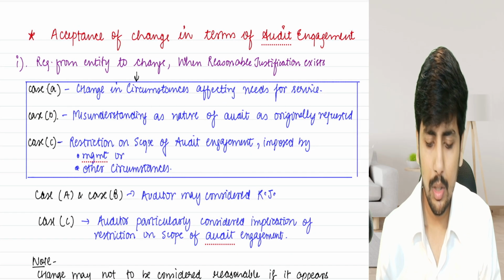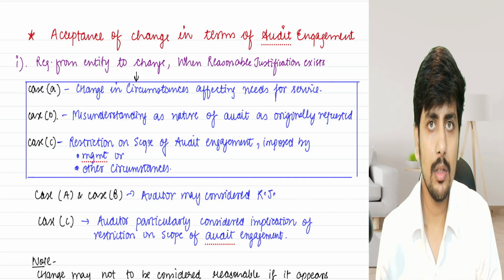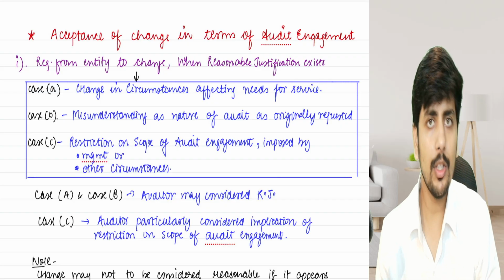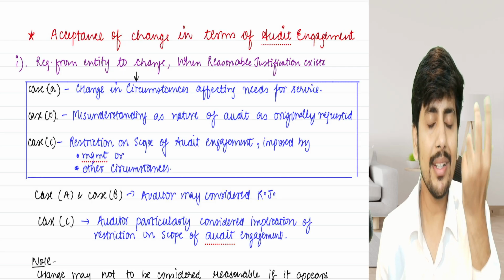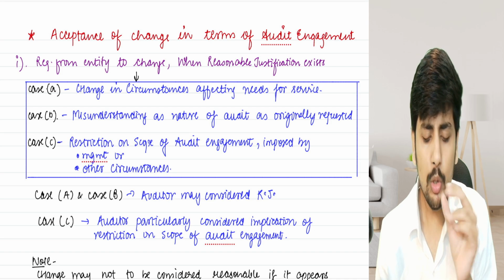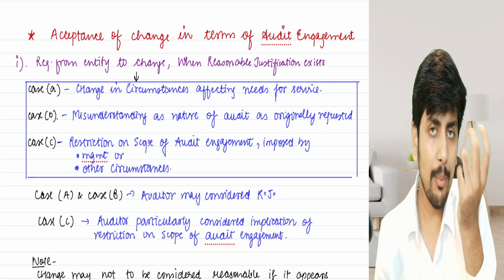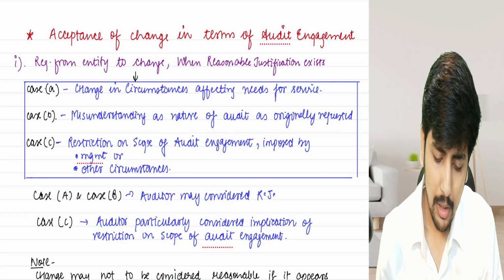Okay, sir. Will the auditor directly accept such changes? Answer is no. The auditor will focus on the reasonable justification, whether the request of management is justified or not. So there can be 3 instances whereby management may request the auditor to change terms of audit engagement.